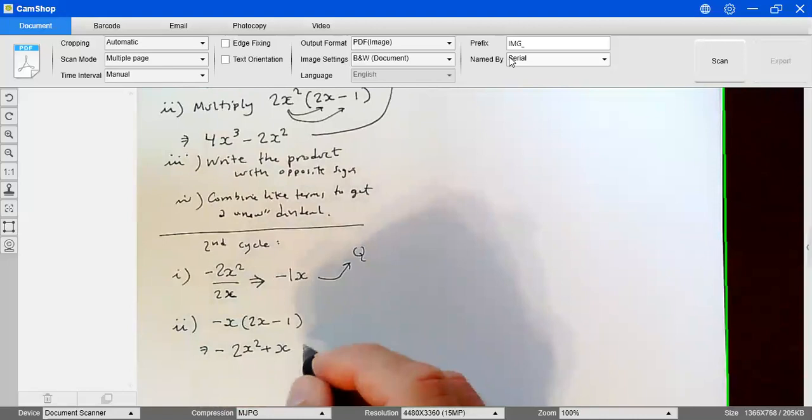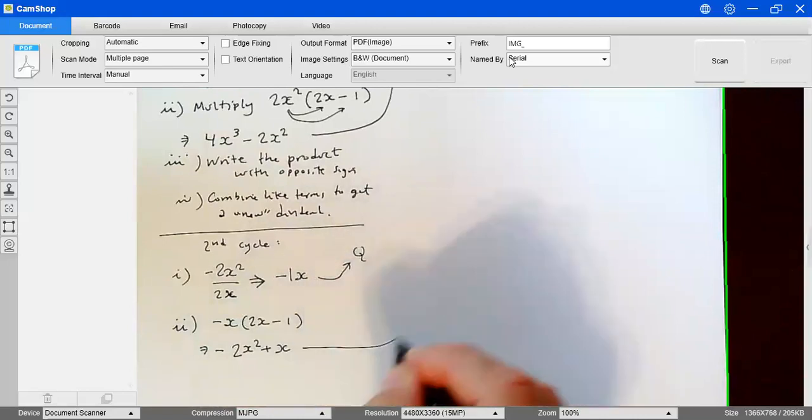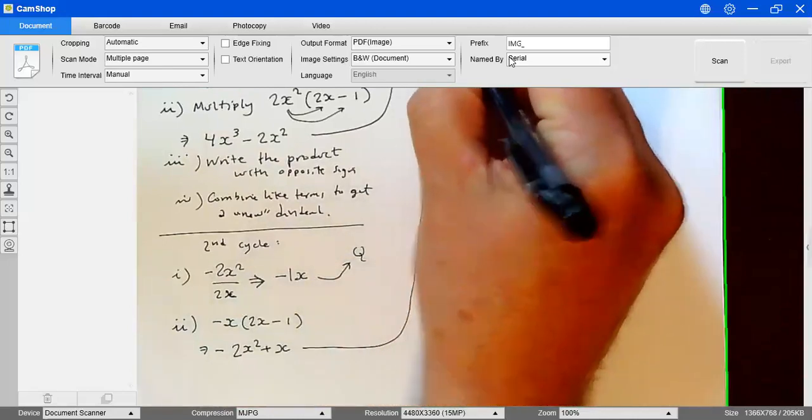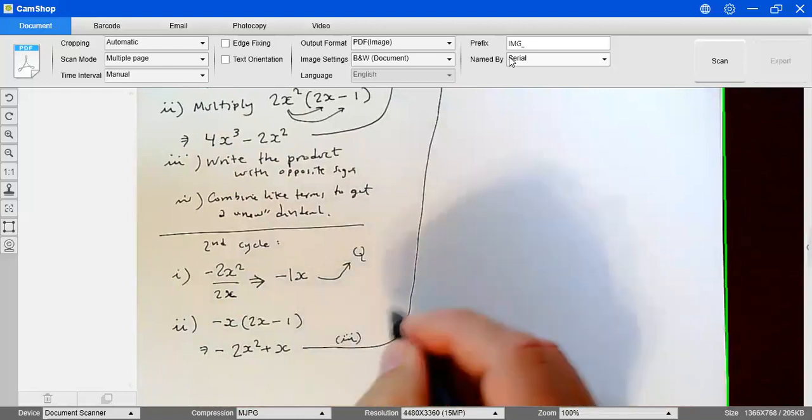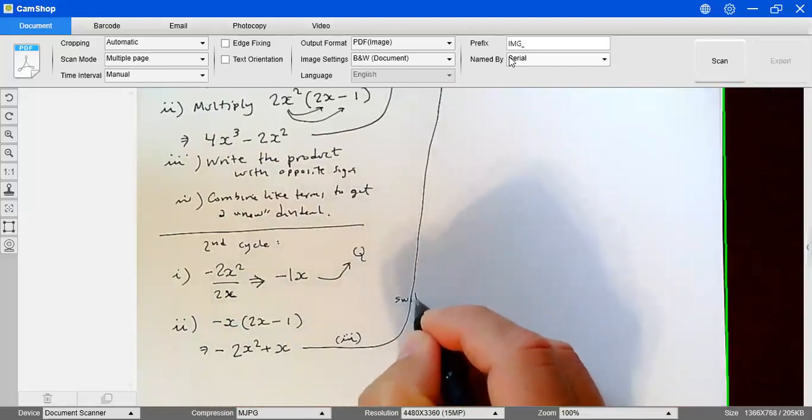The third step is that we're going to write this here with opposite sign. So my third step is just switch signs.